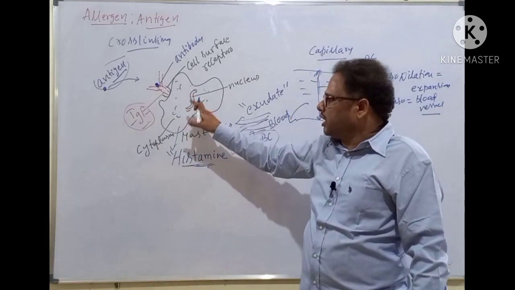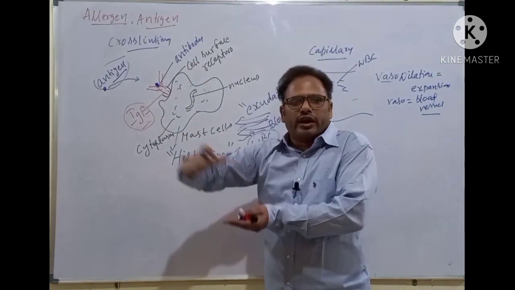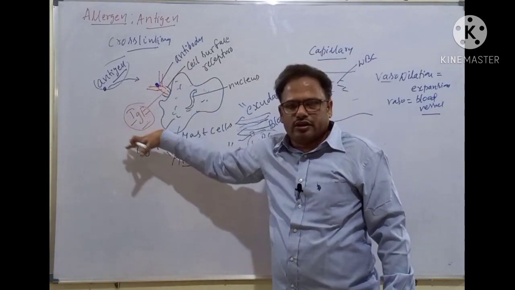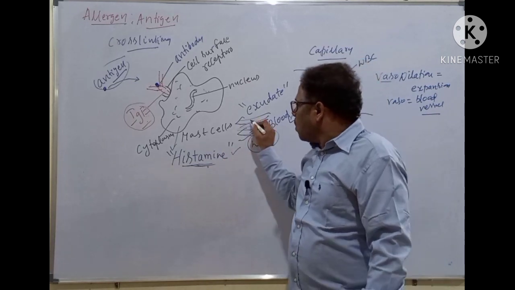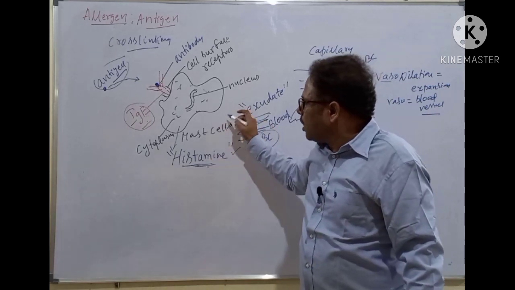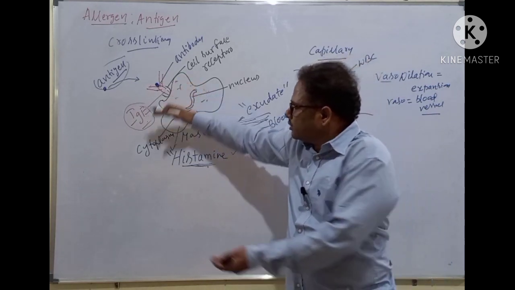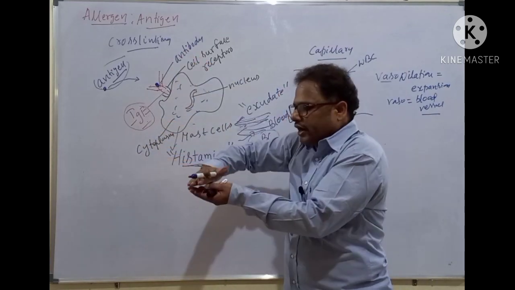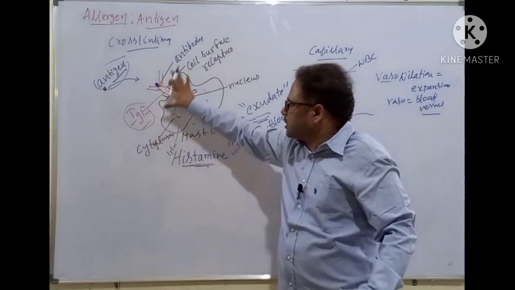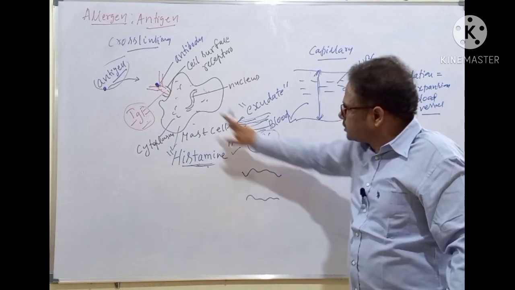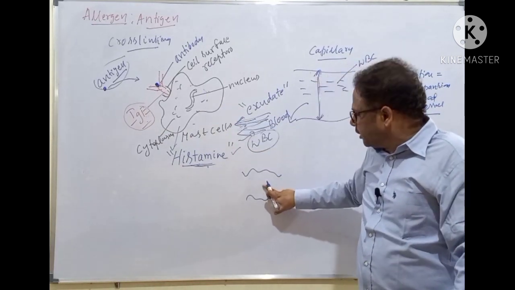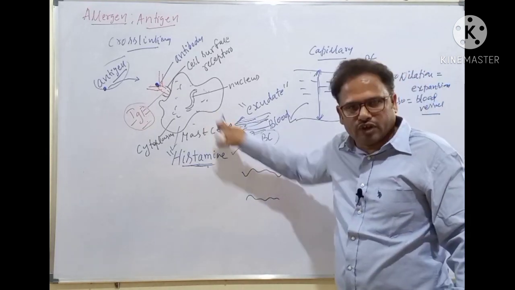One of the responses is that this site is swollen. This is a site of infection, isn't it? So one of the responses of histamine is more flow of blood. Because of the more flow of blood, this entire site gets swollen. For example, this is a rough diagram of a site of injury.